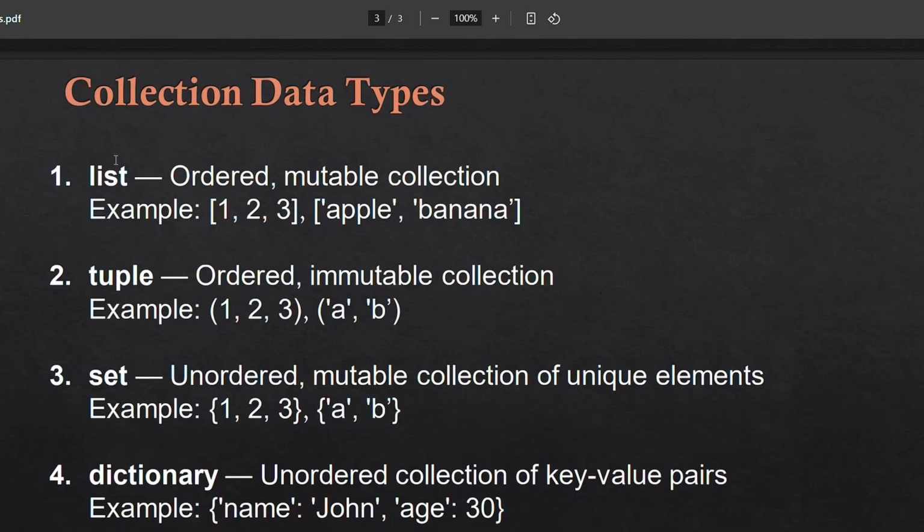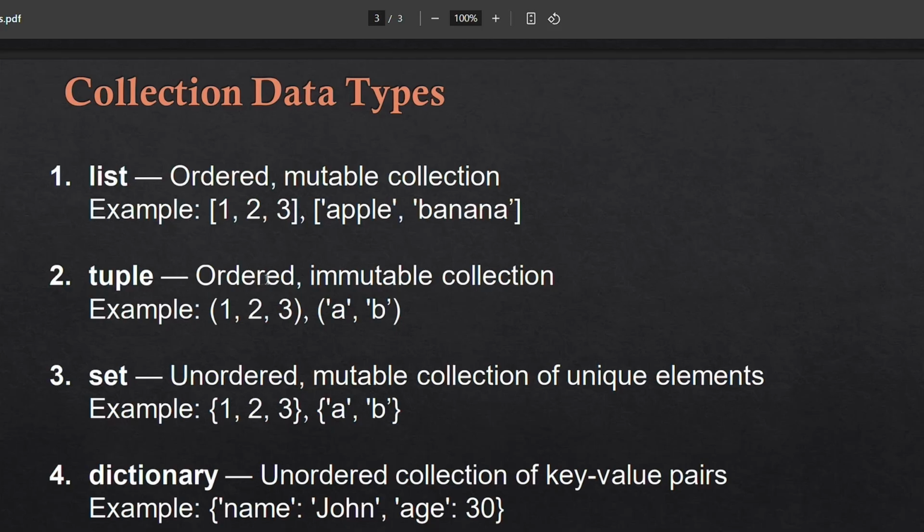Moving to the next, collection data types. First one is list. List can store multiple values. List can be a group of integers, a group of strings, or a mix of both. These are ordered and can be changed.